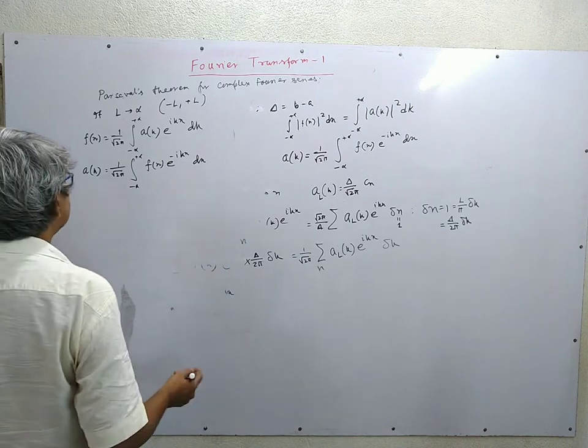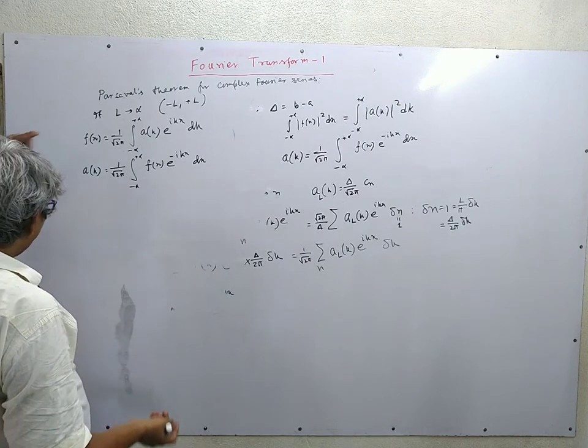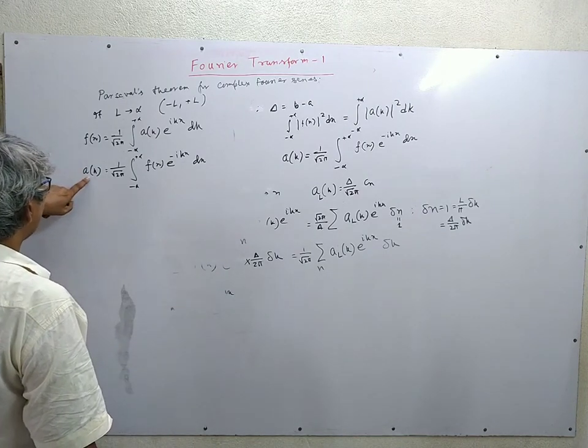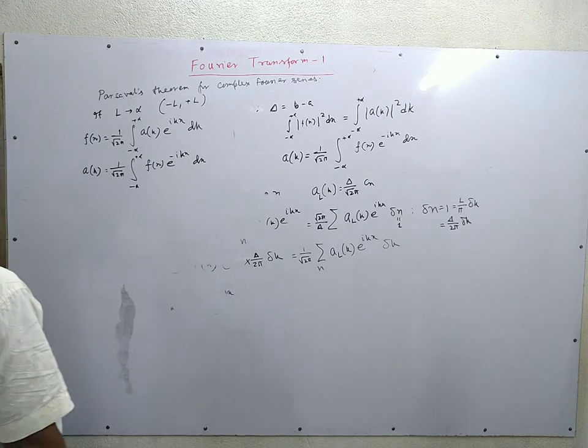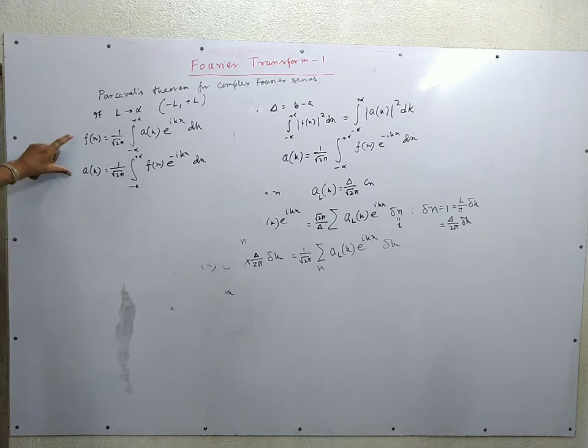These two, if we call this the Fourier transform of f, then f is the Fourier transform of a of k. So these two are the Fourier transform pair.